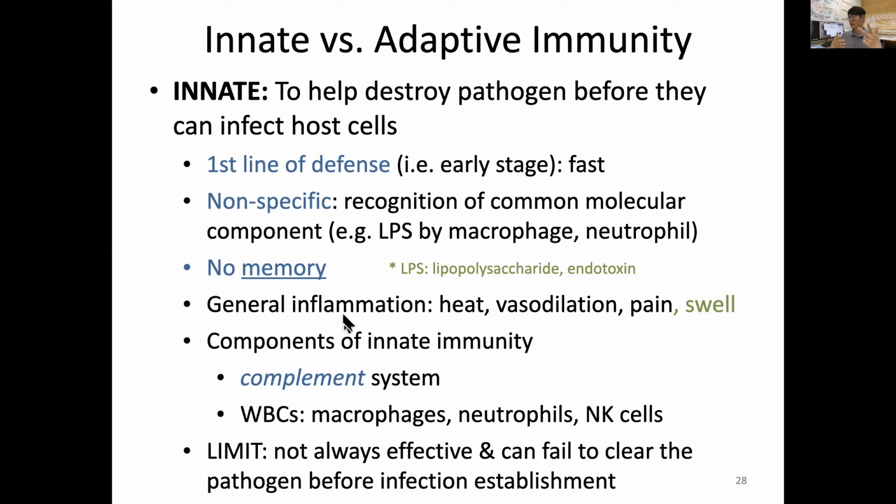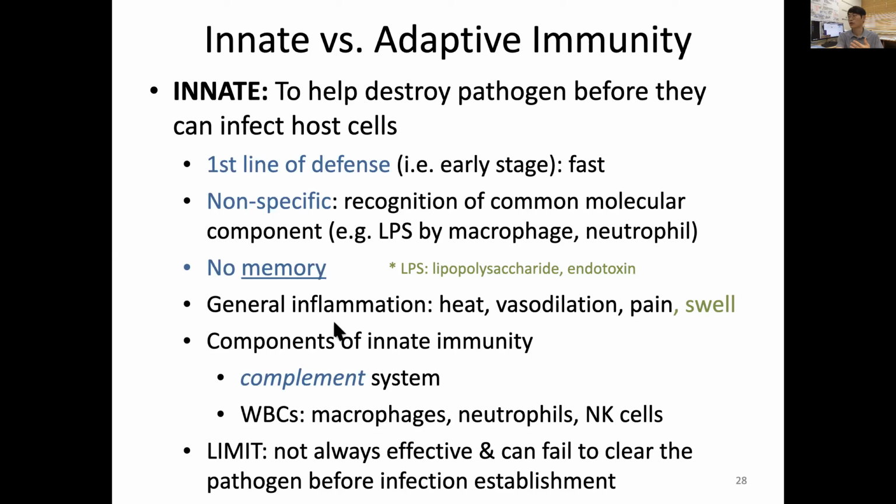And because of vasodilation, there's swelling, which is an exudate of plasma into the tissue, so the tissue will swell. These four phenomena help us protect ourselves from this invasion.